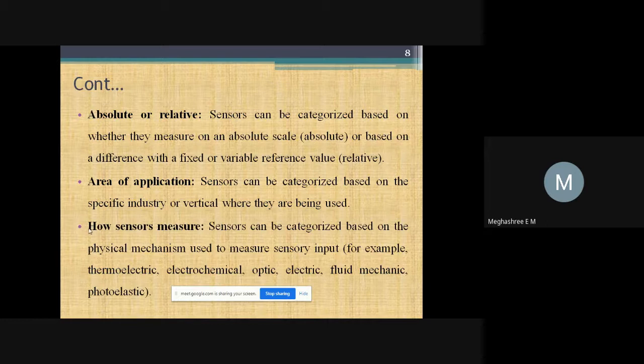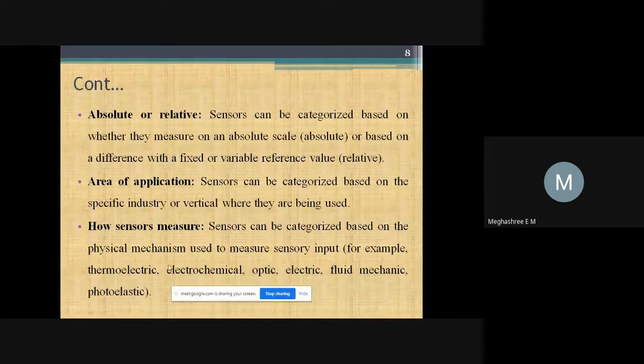Next category is how sensors measure. So here, the physical mechanism used to measure sensory input. Okay, then that we call it falls under this. For example, if you want to check electrochemical or electric or fluid mechanics, this is a physical phenomenon or a mechanism involved, right?